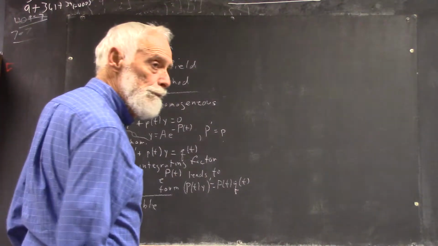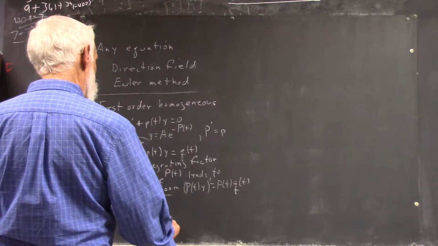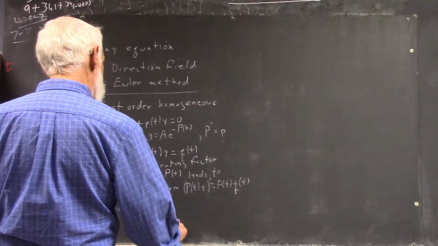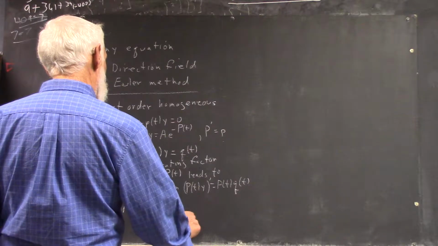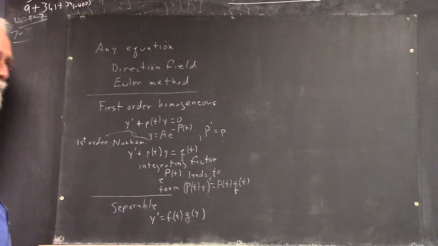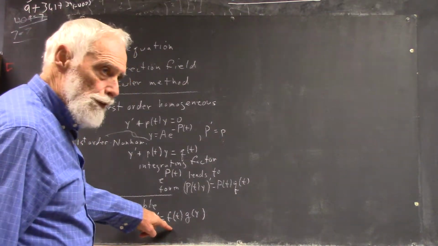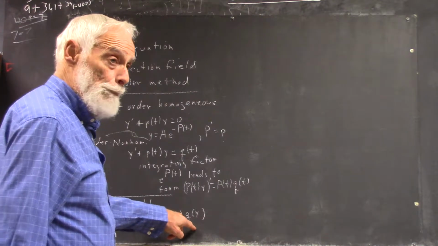If it's separable, it's like you've got y prime equals f of t g of y. We can separate it into a product of a function of t and a function of y.